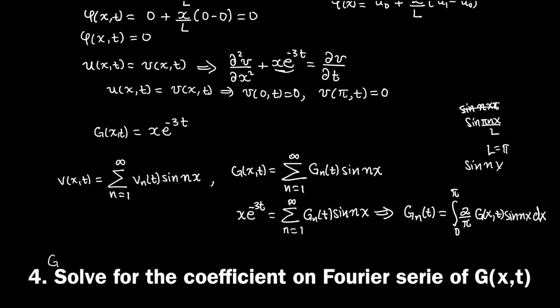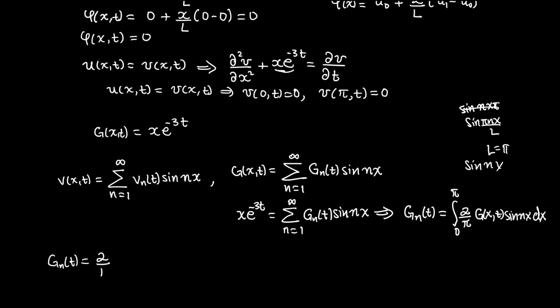Then g_n is 2 over pi times the integral from 0 to pi of g(x,t), which is x minus 3t, times sine nx dx.